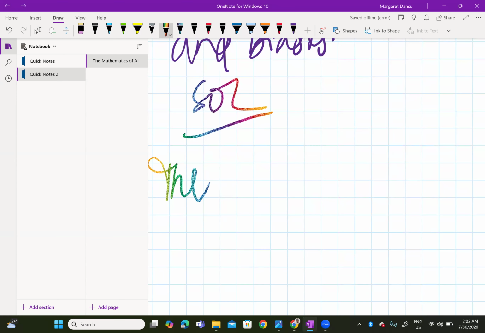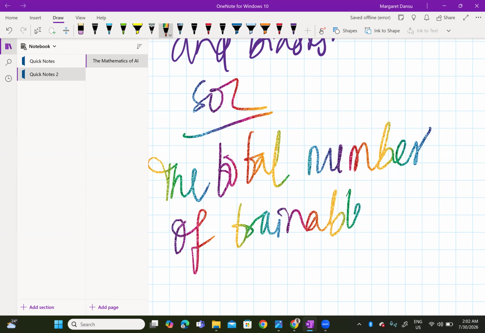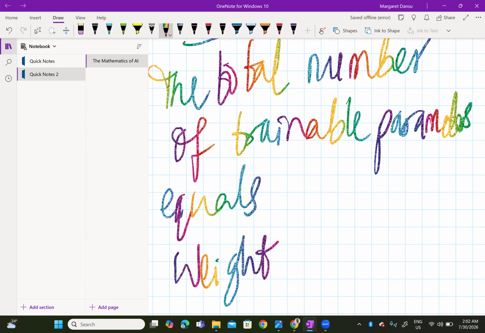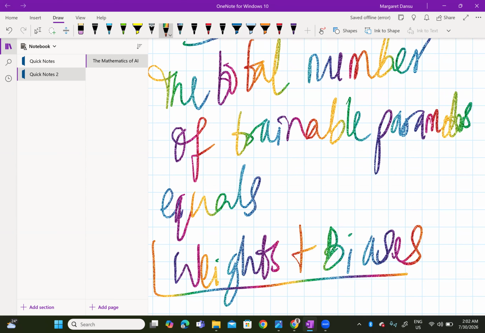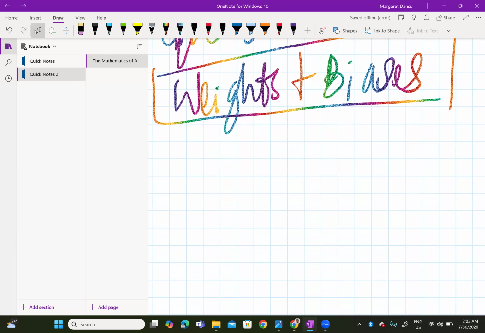So the total number of trainable parameters equals the weights plus biases. So weights plus biases, that's important to take note of. So we have weights plus biases, and then we go step by step.